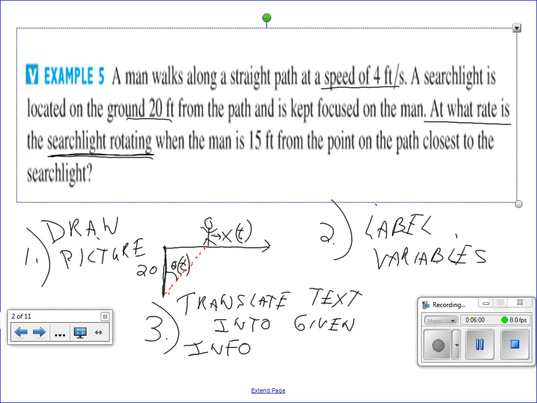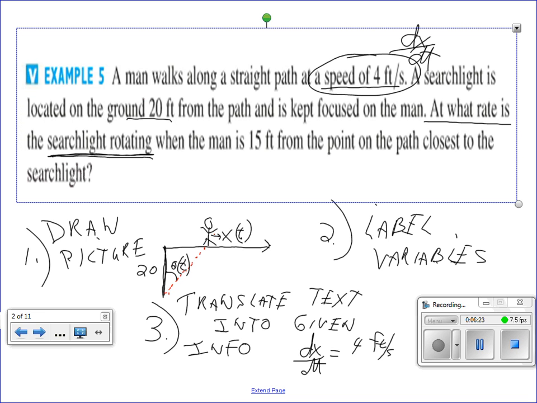What did they give me? They gave me a speed, 4 feet per second. That looks like dx dt. So dx dt is equal to 4 feet per second.